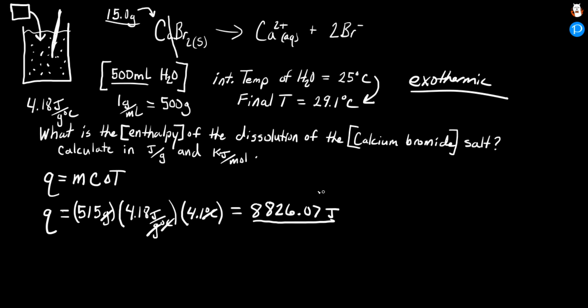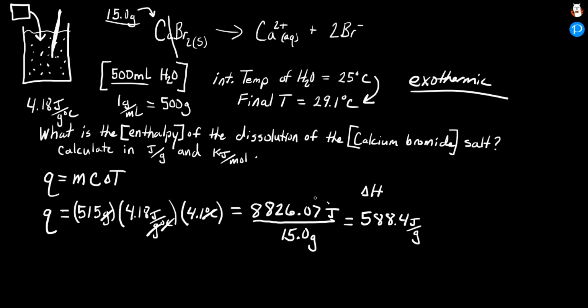I've got how many joules, and so if I want it in joules per gram, all I'd have to do is take this and divide it by how many grams of salt were dissolved. So if we take that, divide it by 15, I get this value here, 588.4 joules per gram. So there's my enthalpy, or my delta H in joules per gram.